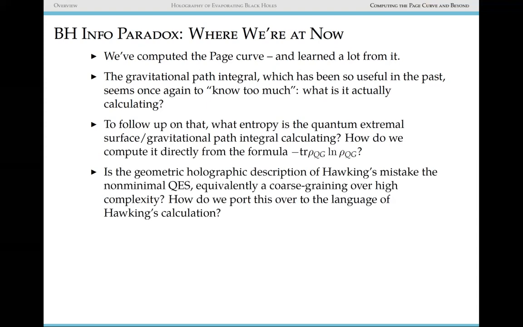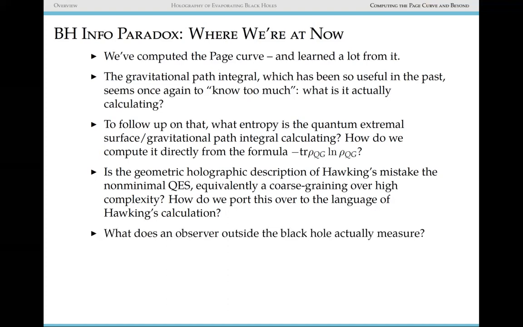Now, is the geometric holographic description of Hawking's mistake the non-minimal quantum extremal surface, or equivalently a coarse graining over high complexity? We know those two are the same thing, and they both look like Hawking's mistake. But how do we actually describe this in the language that Hawking used? How do we describe it in the language of Bogoliubov transformations and effective field theory and Hawking's transformations from square minus to square plus?